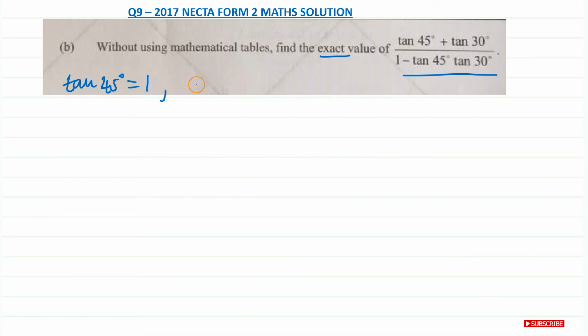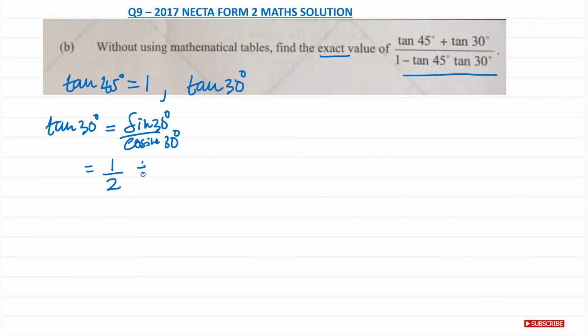Now what about tan 30 degrees then? Well, let's do it over here. So tan 30 degrees is going to be equal to sine 30 degrees over cosine of 30 degrees. And you know sine 30 is half, so we can say that's equal to half divided by cosine 30 degrees, which is root 3 over 2.